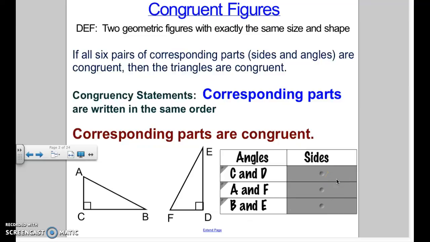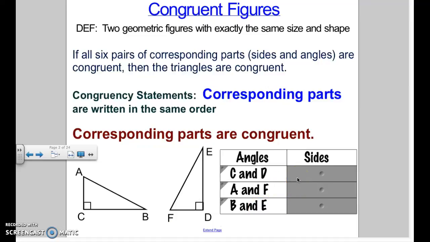For sides, again, I would find some that are easily marked. You might have congruent marks, or you might just have to think about the shortest side of them all compared to the longest side. If you look at these sides, A to C is the shortest side. I'm going to name that the same way, F to D. If you notice, I started with an outside corner going towards the 90-degree angle, so I'm going to start with the outside corner going towards the 90 degree and get the order to be the same.